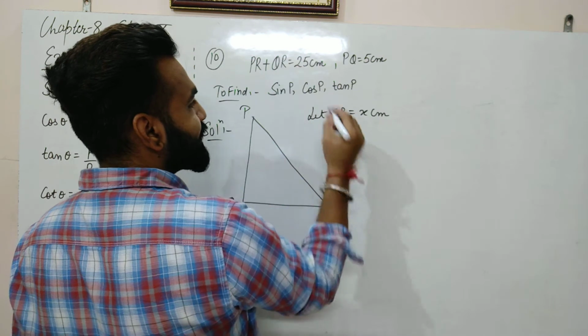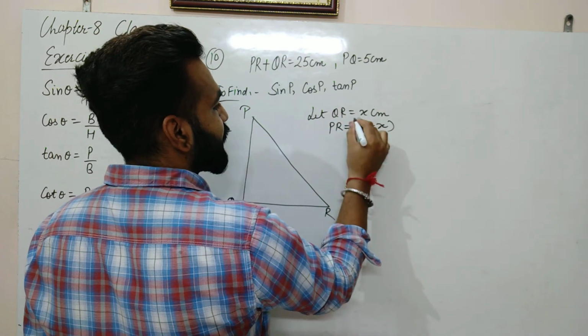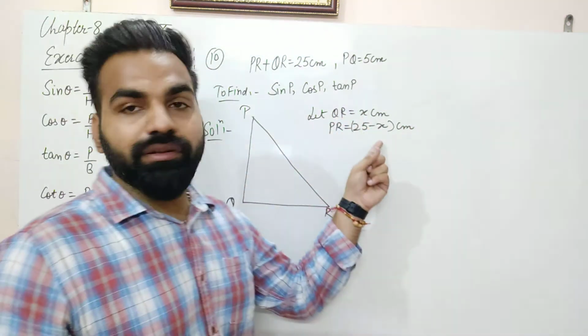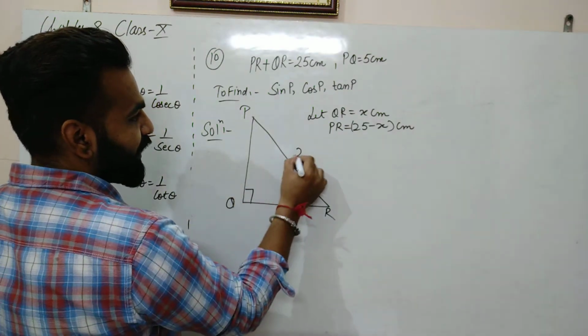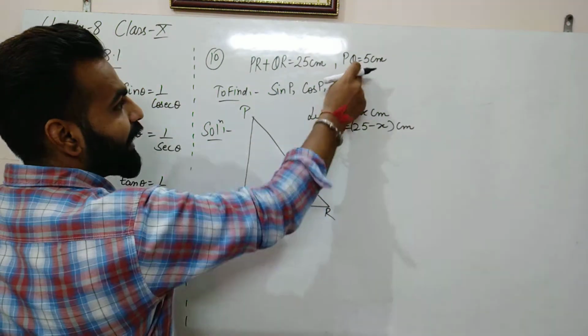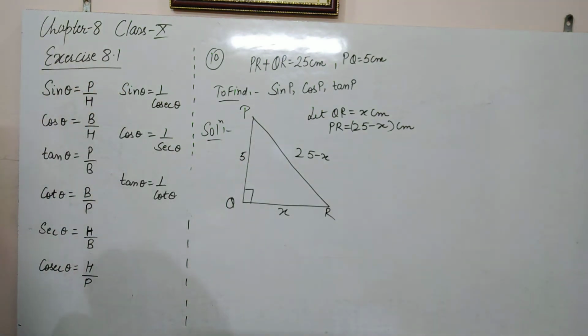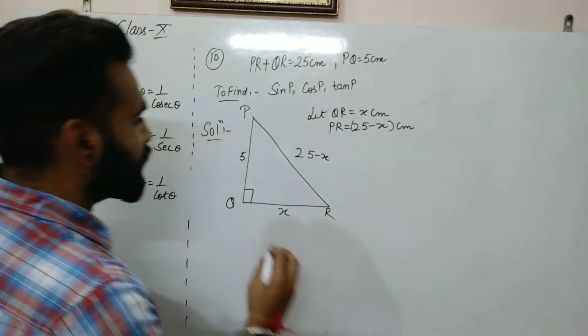So if QR is x, then PR will be 25 minus x centimeter. Because their sum is 25, one is x, so there will be 25 minus x. So QR is x and PR is 25 minus x, and it is given that PQ is 5. So we have to solve the value of x here to find all the three sides using Pythagoras theorem.